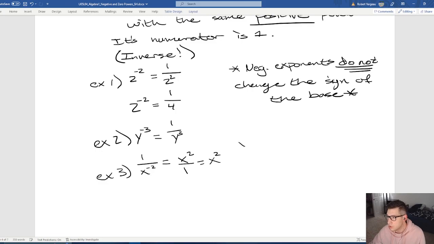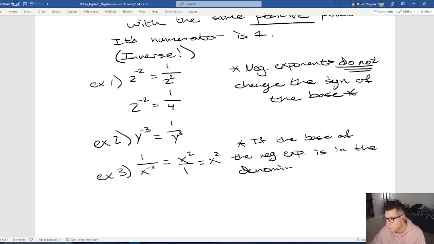And so over here, we're just going to make another note. I know this one has a lot of notes, more so than the other ones, but we need to be super clear because negative exponents start to do some really different things from what we've seen before. The note that we want to make is that if the base of the negative exponent is in the denominator, it moves to the numerator.